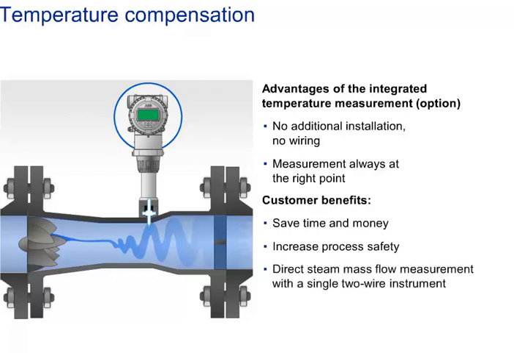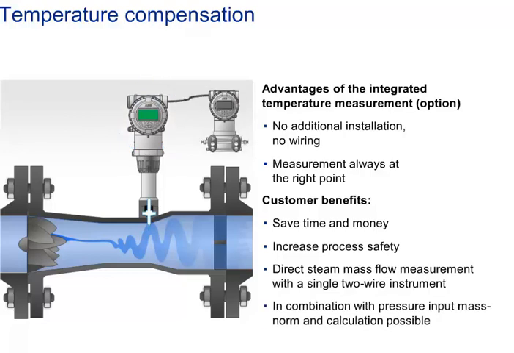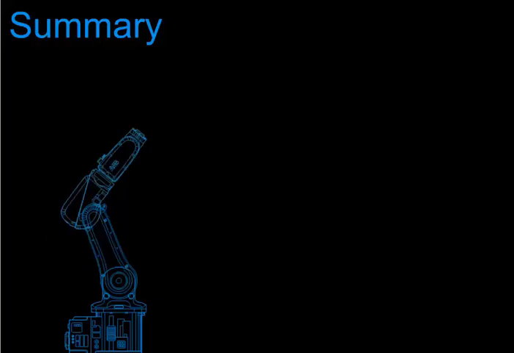The integral temperature measurement can make the swirl flow meter a true two-wire mass flow meter for saturated steam. In combination with a pressure signal from a remotely installed pressure transmitter, a full compensation of pressure and temperature is possible. This will be introduced in the application module in more detail.